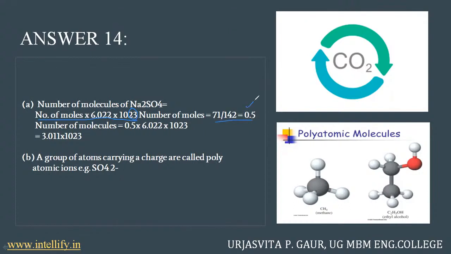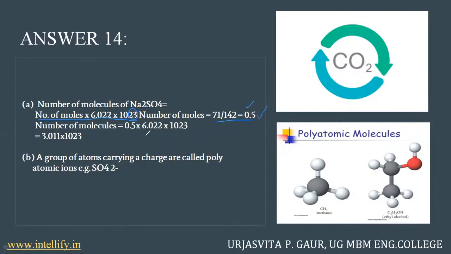Now, how it came out to be 0.5 can be understood by the fact that when you add up all the constituents of Na2SO4 and divide the given mass, that is 71, by the molecular mass, it gives you your number of moles. So in this case it comes out to be 0.5.